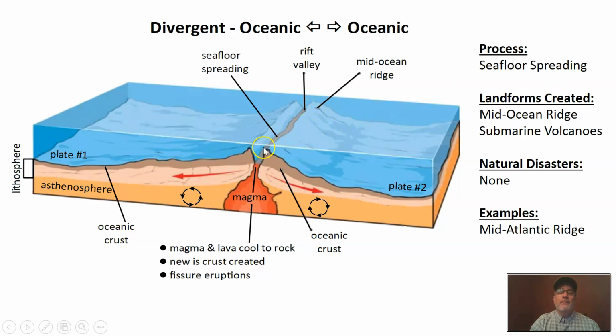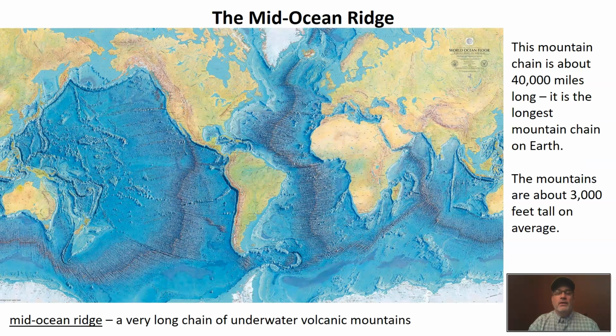When we talked about mid-ocean ridges, we said that mid-ocean ridges are these really long volcanic mountain chains that are underwater, under the ocean. I think this is a picture we looked at, and I want you to keep in mind that all of these are mid-ocean ridges. These mid-ocean ridges are where we have those divergent boundaries and where we have seafloor spreading taking place.